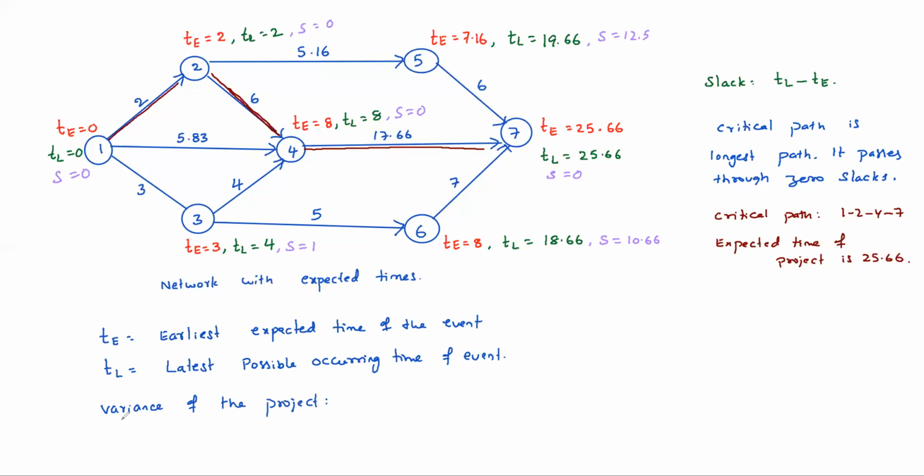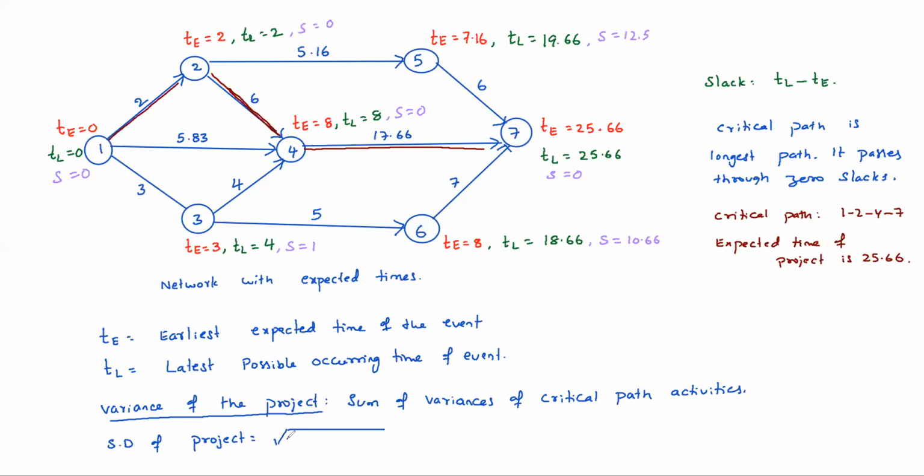It is very important: the variance of the project is defined as the sum of variances of critical path activities. Standard deviation means the square root of that. SD of project equals the square root of variance of project.